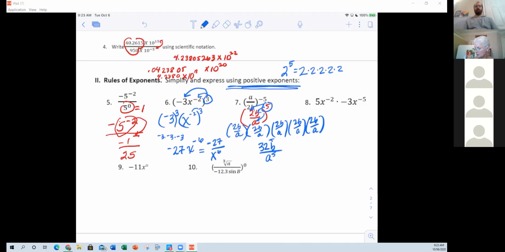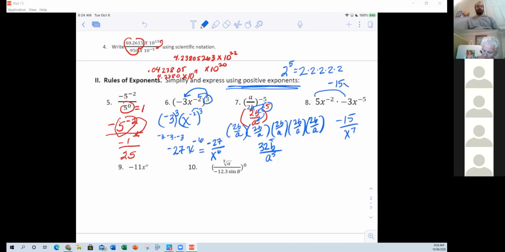All right, so number 8, Olivia. I got -15 over x to the 7th. Yep, beautiful. Okay, so tell me how you did that. Well, I multiplied 5x and negative 3x. So 5 times negative 3 is negative 15, and then I did the exponents as well.